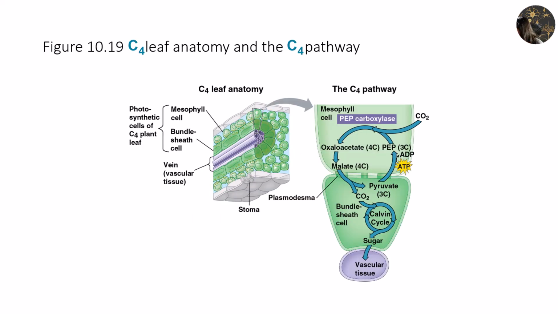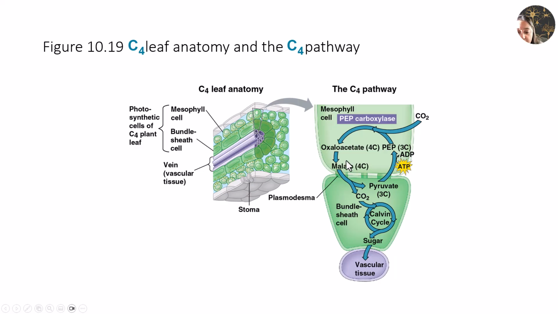So here is a picture of that. Here is a stoma, so a singular stomata. And then here is a bundle sheath cell that surrounds the veins in the plants and leaves. And then here are the mesophyll cells.